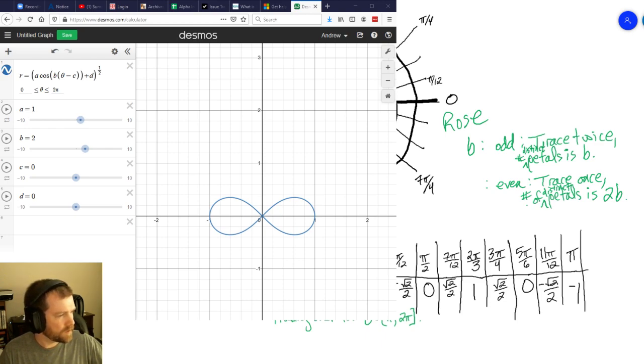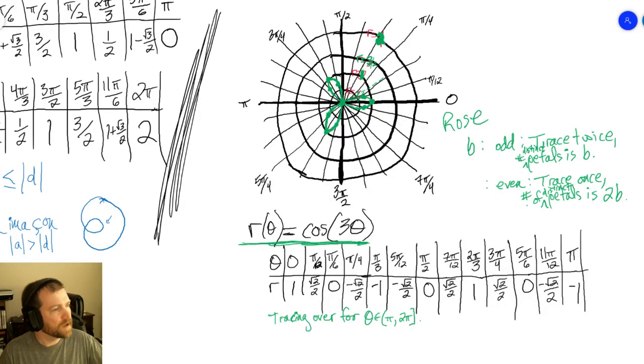So let's get rid of the browser. So a lot of this stuff was discovered in and around roughly the same time as Descartes, a little bit after. They started looking at doing polar graphing and trying to get all these interesting shapes and try to figure out what the limits of different shapes could be.